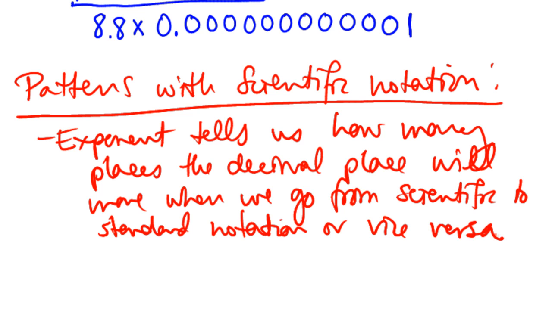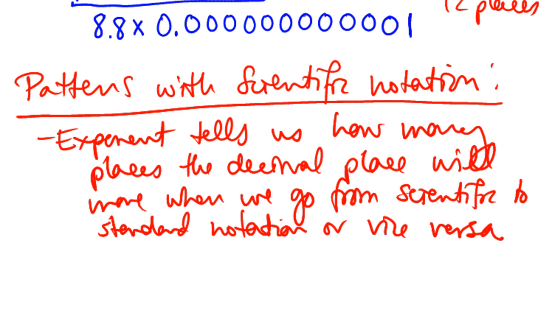Right. We can see here that the decimal place had to move 12 places. Here, how many places did it have to move when we start with the 3? 1, 2, 3, 4, 5, 6, 7, 8, in fact. That's what we got here. So we saw it had to move 8 places.